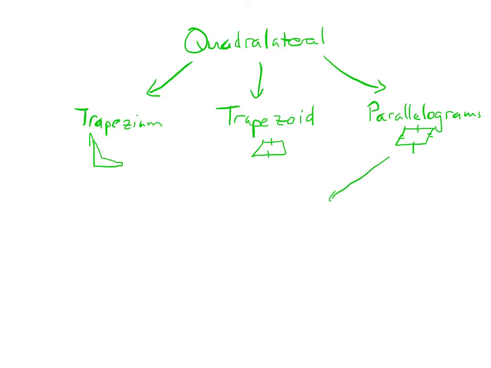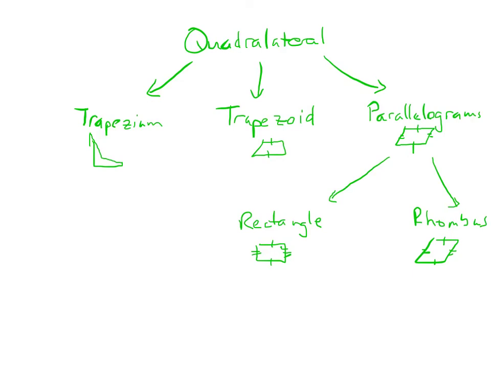Now the parallelograms can be split into two groups here. I can say some parallelograms are a rectangle because they have two pairs of parallel sides, but their corners are square. Or you could say the rhombus. All sides are equal length, not square corners.